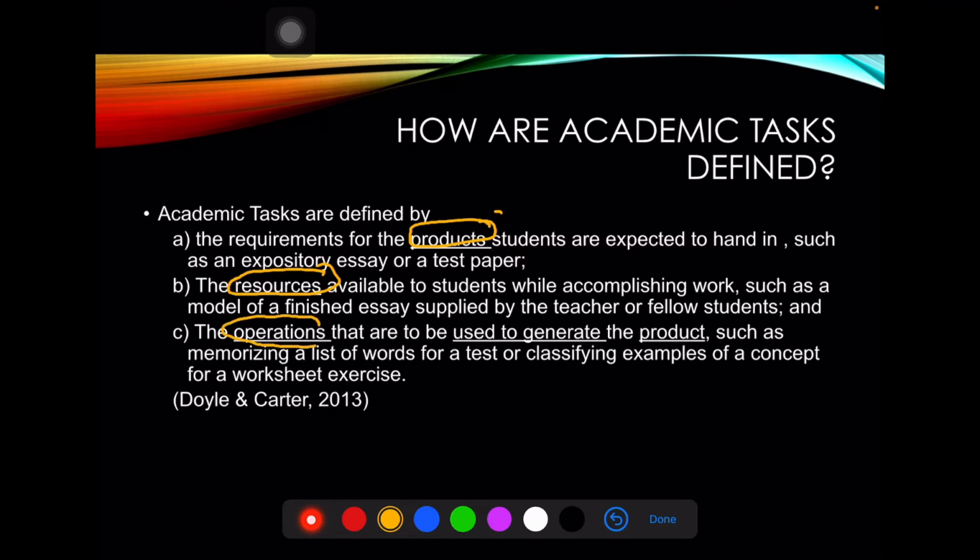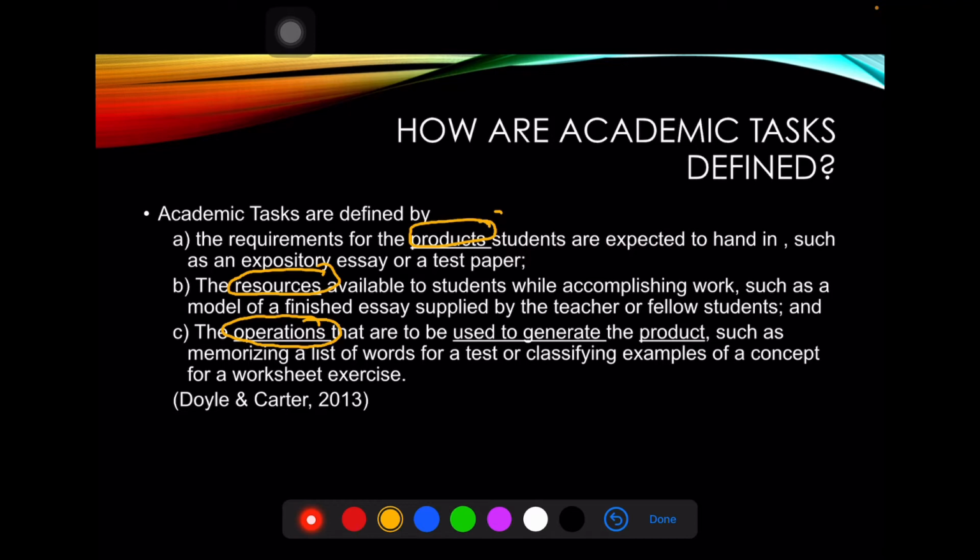Operations here will be the instructions that are to be used to generate the product. What will be your operation? Number 1, you came up with the survey questions, and then number 2, after I have validated your survey questions, you email it to your friends, or you give it in a WhatsApp group, or a Telegram group, or any other groups.